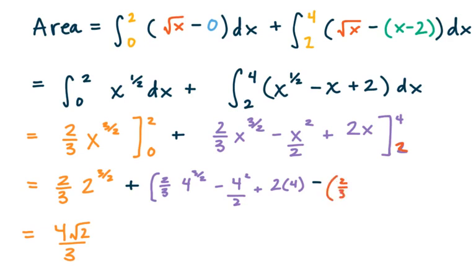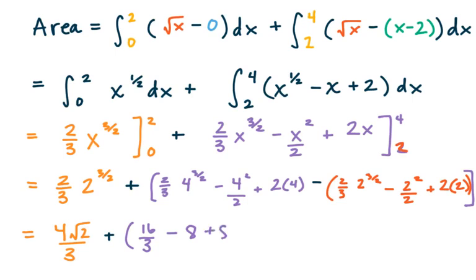So that would be 2/3 times 2 to the 3/2 minus 2 squared over 2 plus 2 times 2. So what do we get for our terms here? I have 4, the square root of 4 is 2, cube it, that's 8. 8 times 2/3, I've got 16 over 3. Minus 16 over 2 is 8. Plus 2 times 4 is 8.